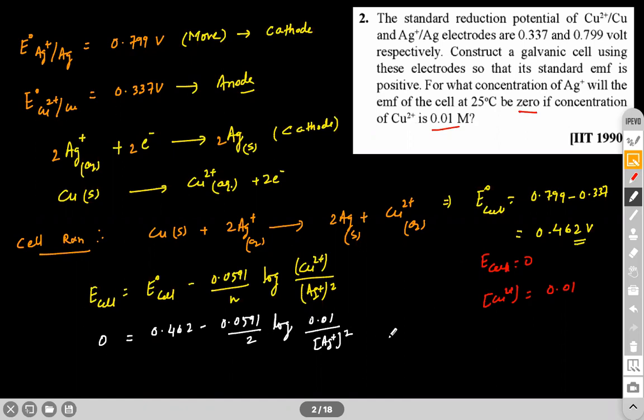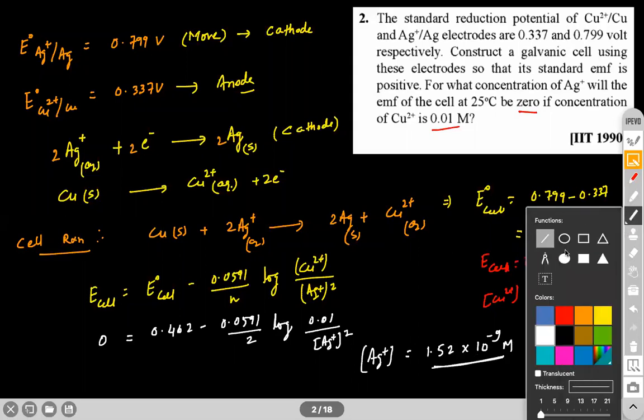Now you can solve this equation, and you'll get the Ag+ concentration as 1.52 into 10 to the power minus 9. So this is the answer for this question.